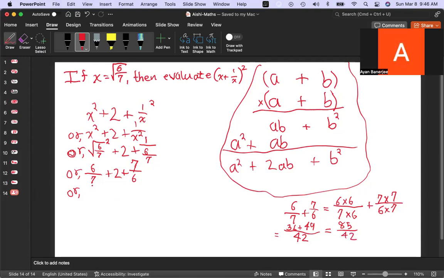So let's put this in here, 85 by 42 plus 2. So if we turn the 2 into a fraction with the same denominator, then I'm going to need way more space for that.